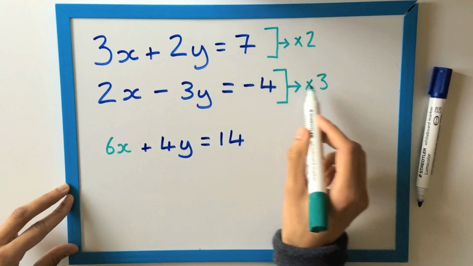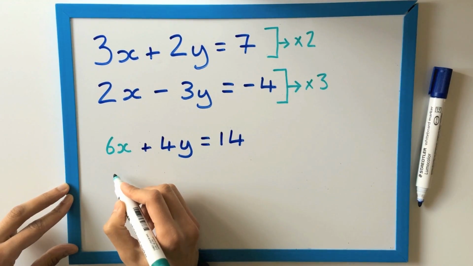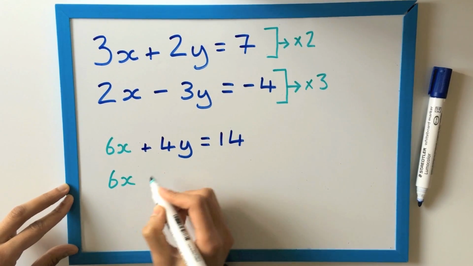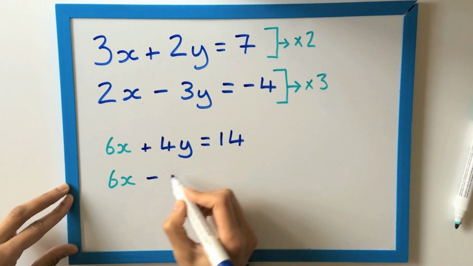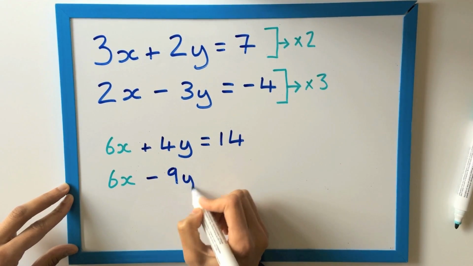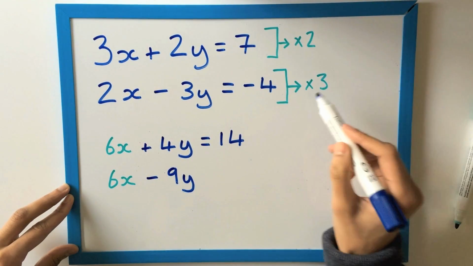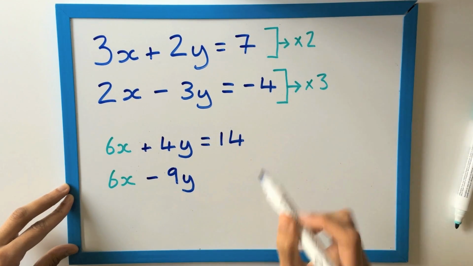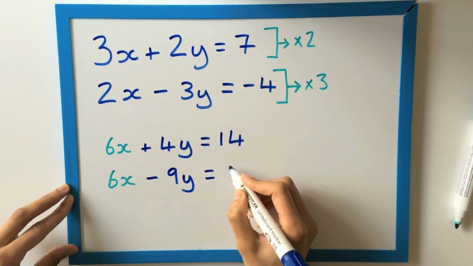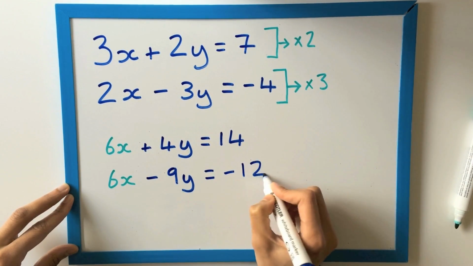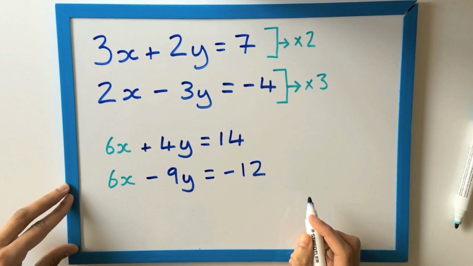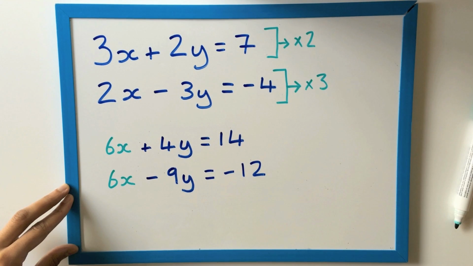For our second equation, 3 times 2x is 6x. 3 times minus 3y is equal to minus 9y. And 3 times minus 4 is equal to minus 12. So we now have two new sets of equations where our process of elimination can take place. So let's go ahead and do that.